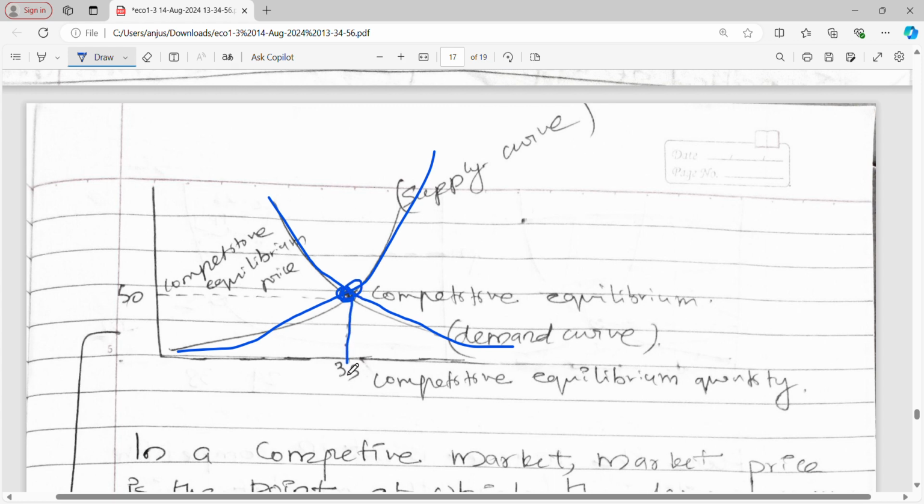So the quantity supplied at this point and the market price at this point are considered the equilibrium quantity and equilibrium market price respectively. So this point is the competitive equilibrium, this is the competitive equilibrium quantity, and this is the competitive equilibrium price.